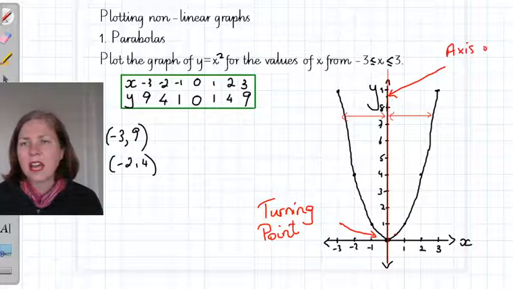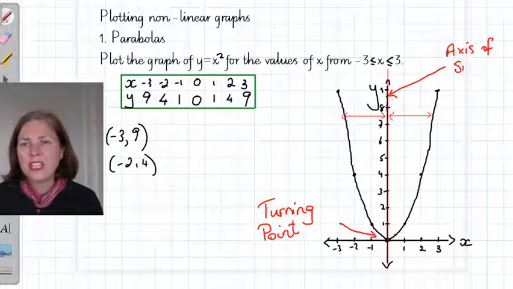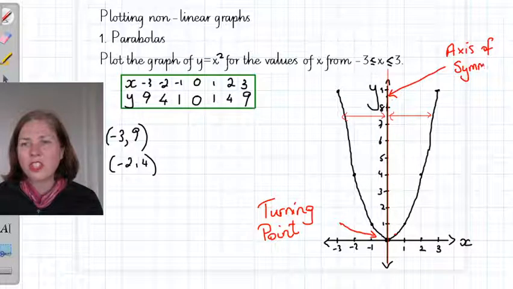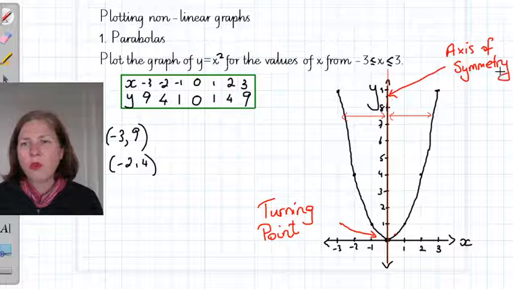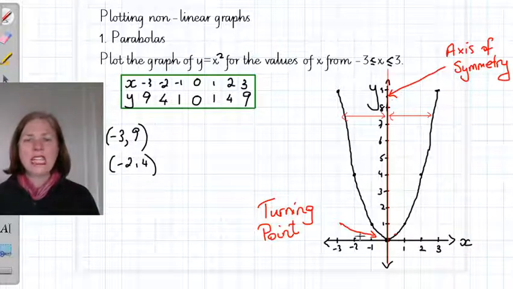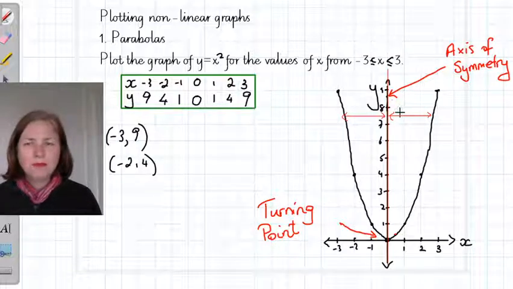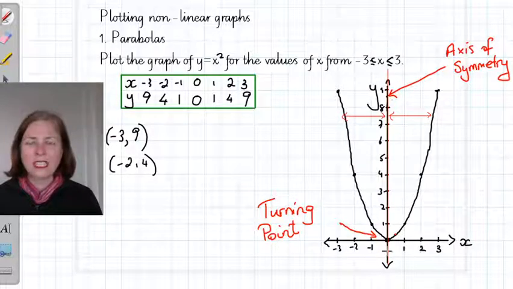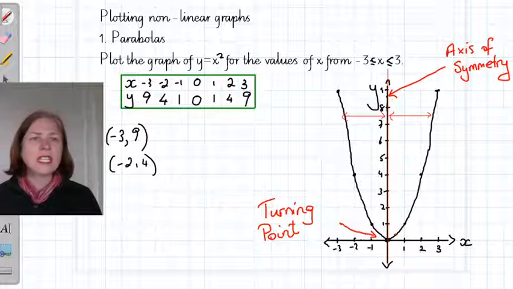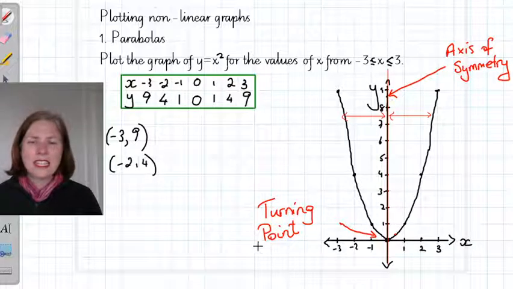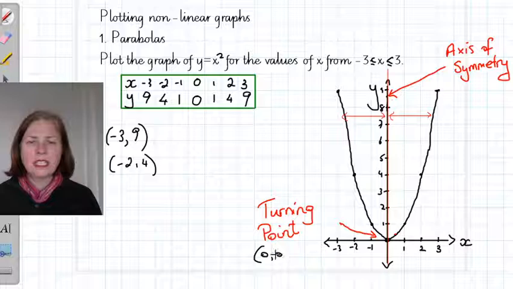Now these are two terms that you need to know. It's not part of this chapter, but when we get more into quadratic graphs, you're going to need to know the turning point and the axis of symmetry. The axis of symmetry is a line and the turning point is a point. In this example, the turning point is at (0, 0).